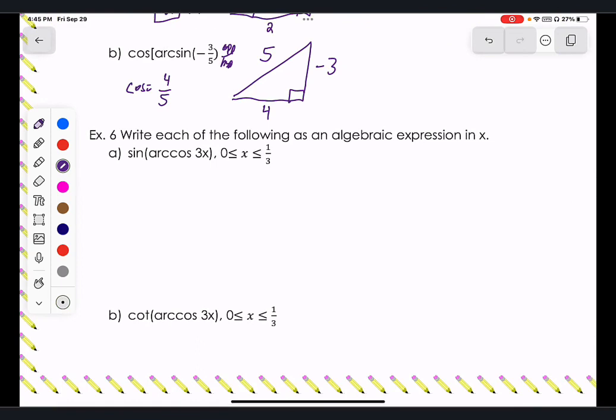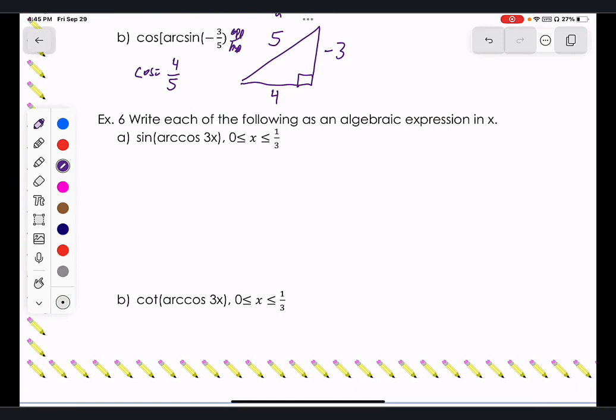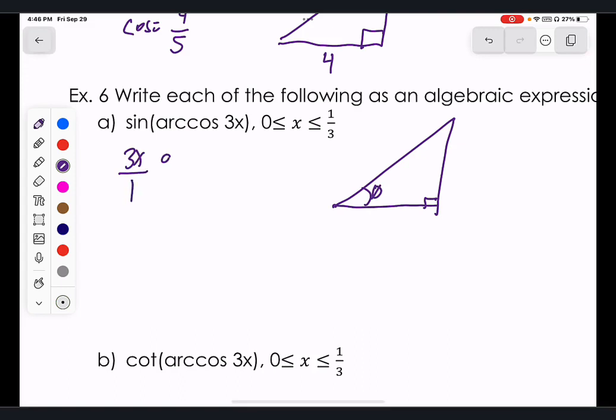Okay, so our final problem in this series is to write each of the following as an algebraic expression in x. So let's first go ahead and do our triangle. So here's our triangle, our right triangle. Here's our angle. And notice that our cosine is going to be 3x over 1, which is just adjacent over hypotenuse. So the adjacent side here is 3x.